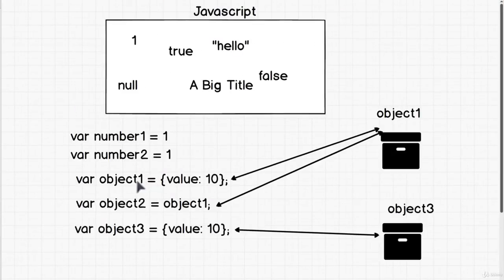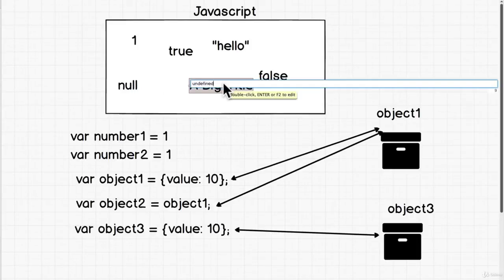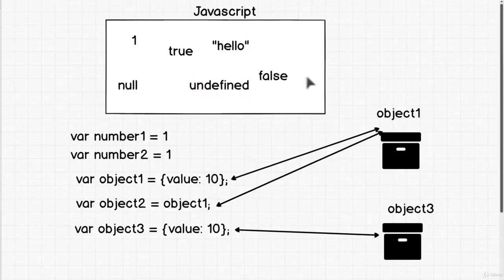Objects are what's called reference types in JavaScript. Up until this point, all the other JavaScript types that we've learned, including numbers, null, undefined, booleans, strings, even symbols, they're all defined by the programming language.